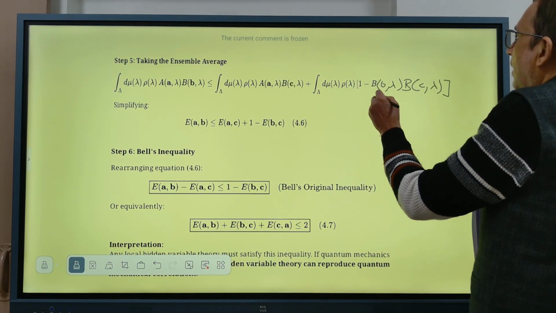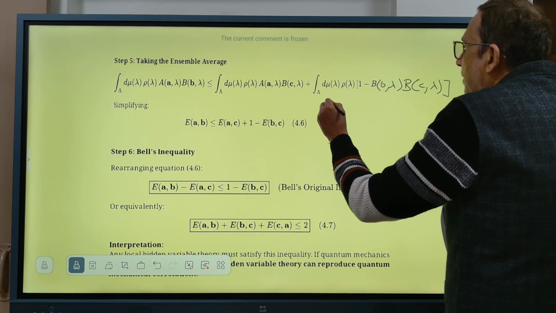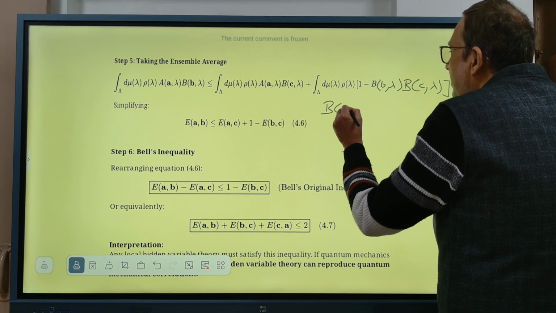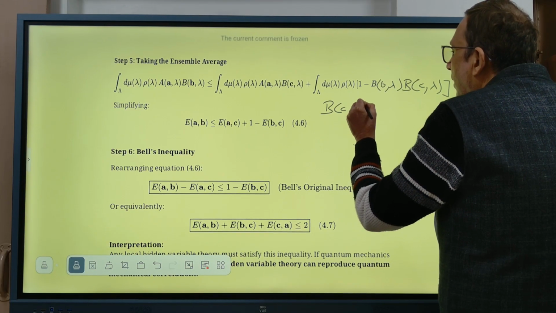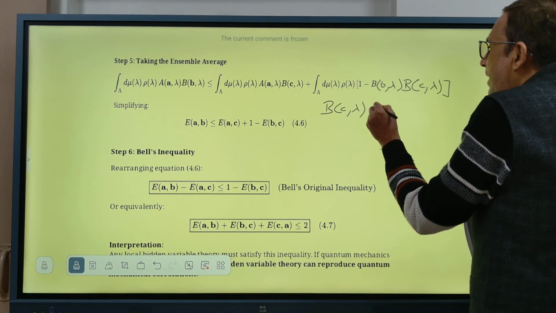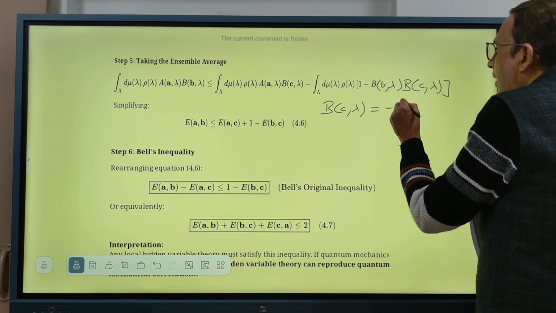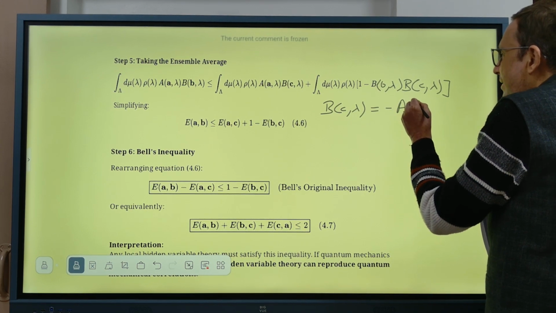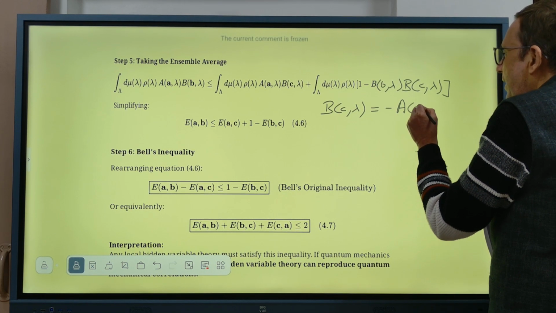Since B in direction B times B in direction C lambda is going to be minus the value of A, Alice's measurement in direction C.